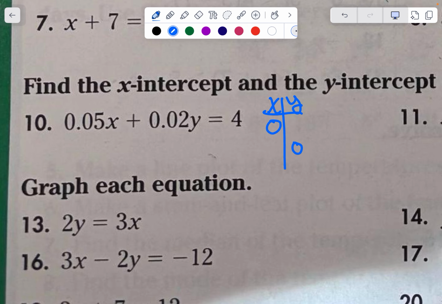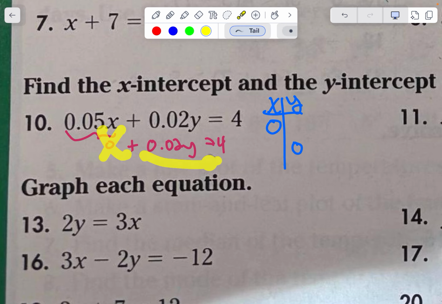So let's do this top one here. Let's let x equal 0. So that will be 0 plus 0.02y equals 4. So you see how by plugging in 0, this goes away. See how that's gone? So you get that, okay?